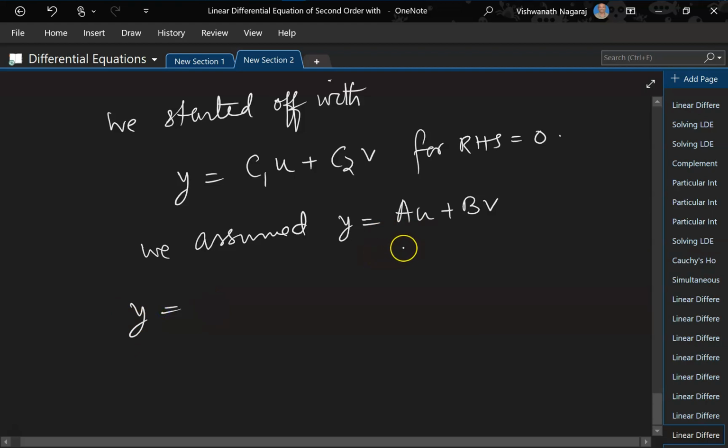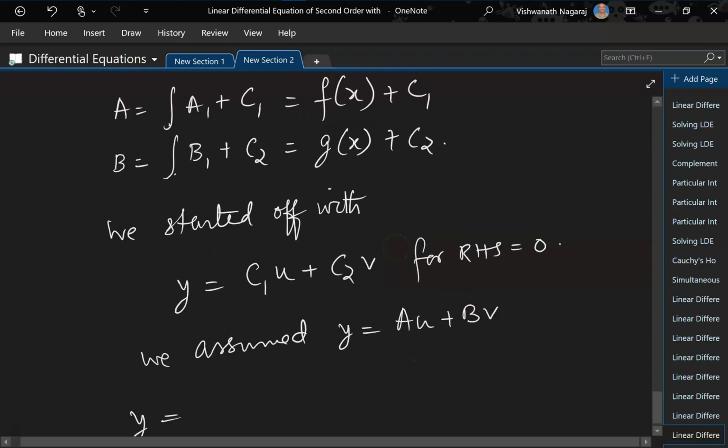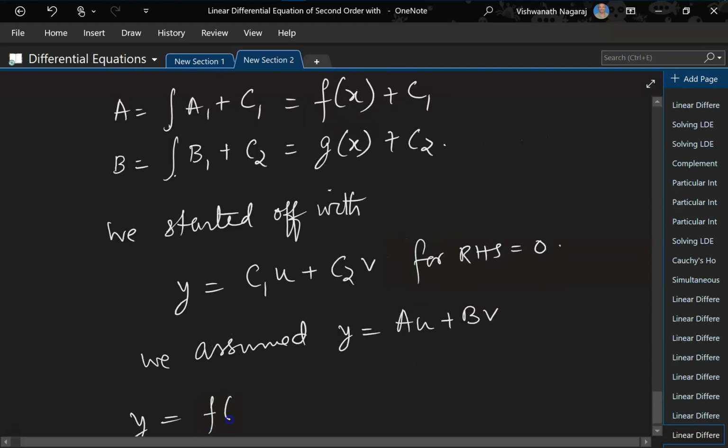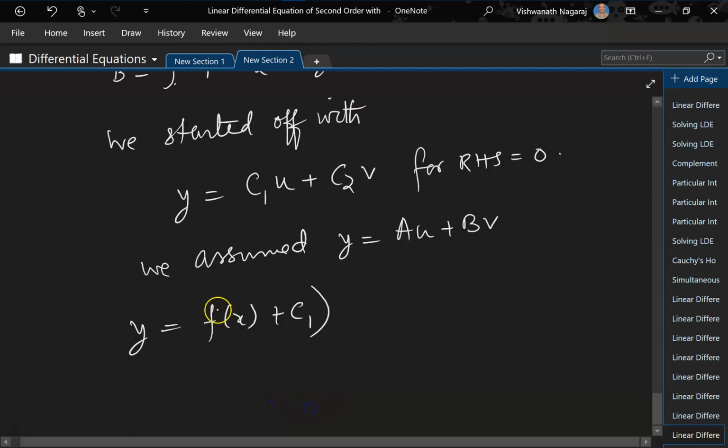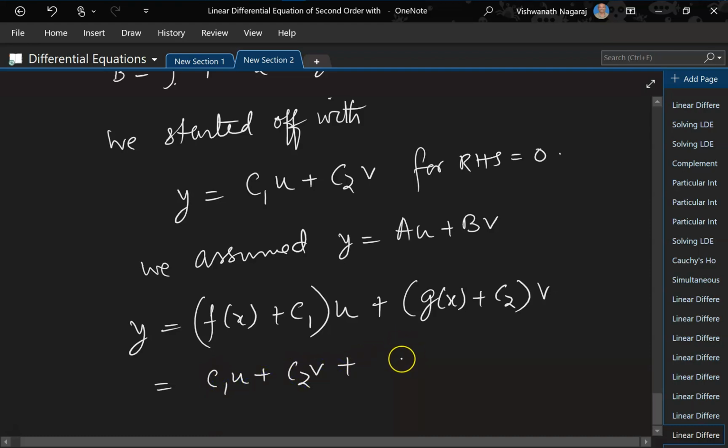So now let's do the necessary substitutions. Y is equal to a times u, so a would be f of x plus c1, times u, plus b, which is again some function of x plus c2, times v. So we can write this as c1u plus c2v plus u f of x plus v g of x.